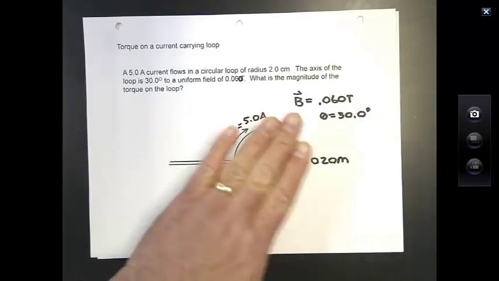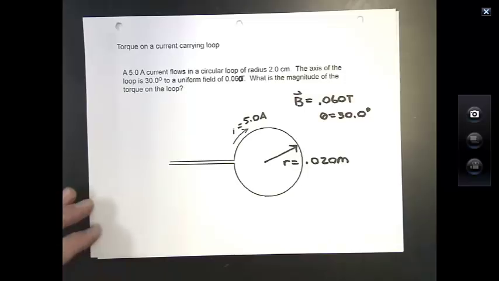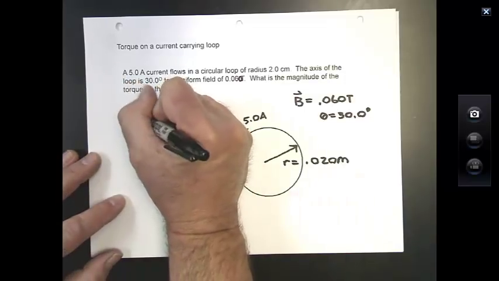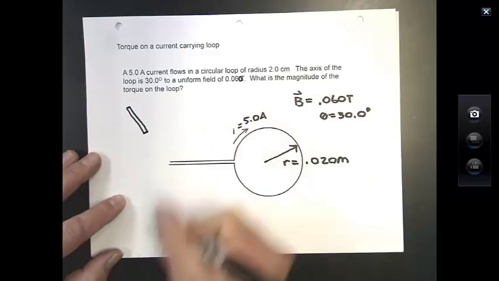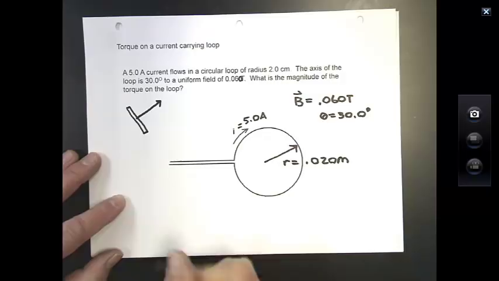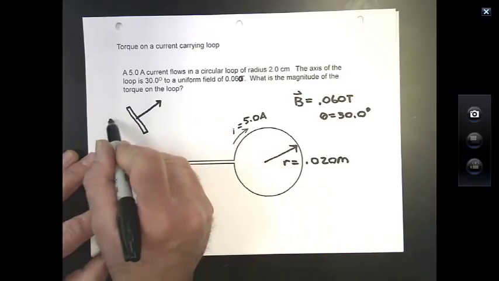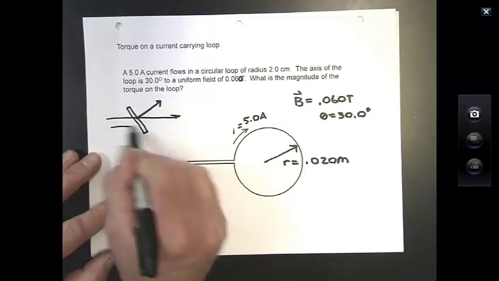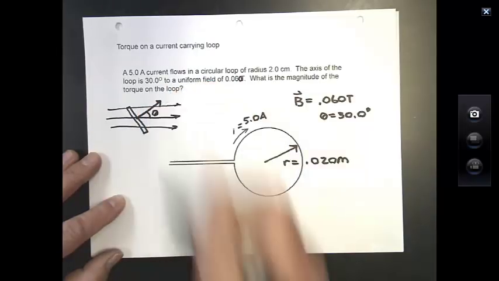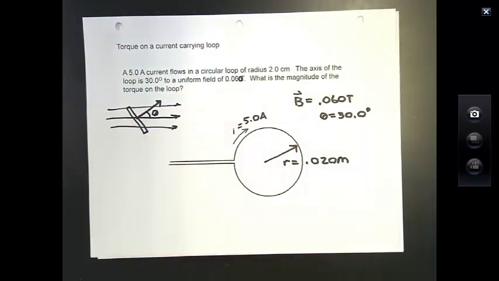If we could see this from the side, we'd see that the field and the loop have an angle. So here's the loop, from the side. Here's the area vector, so right from the center of the loop we put a perpendicular out, and this is the magnetic field direction. So here's 30 degrees between the perpendicular to the loop and the magnetic field.